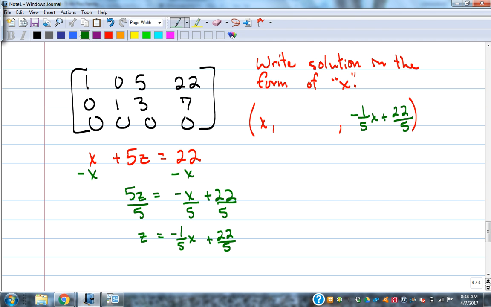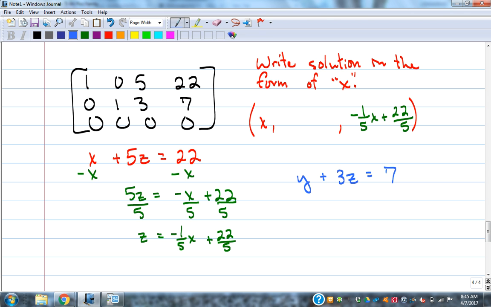The next equation, we're trying to get the Y part, written in the form of X. That equation doesn't even have any X's in it. But we do know what Z is in the form of X. We substitute it in. That's exactly what we're going to do.